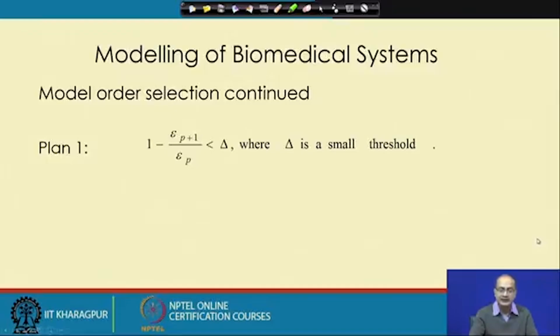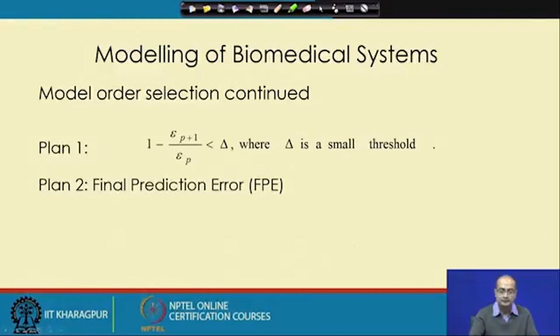This ratio is expected to be less than 1 or very close to 1. So, we take the difference from 1. When this ratio comes very close to 1, determined by a small threshold delta, when it is closer than that, then we should stop. That is the first simple technique.